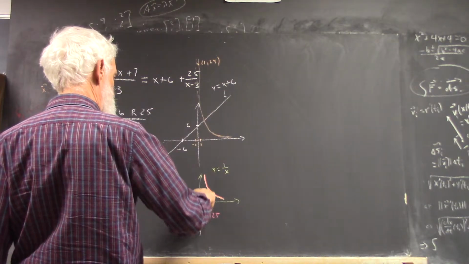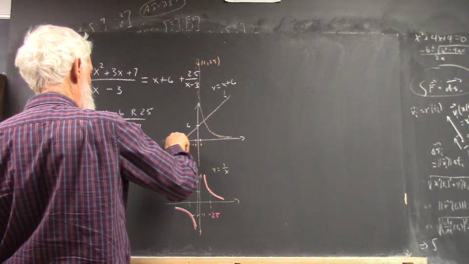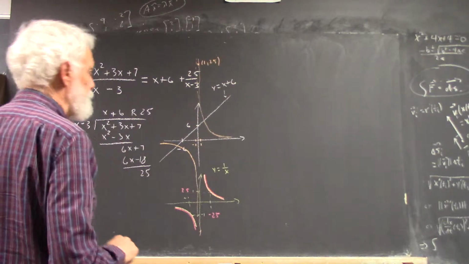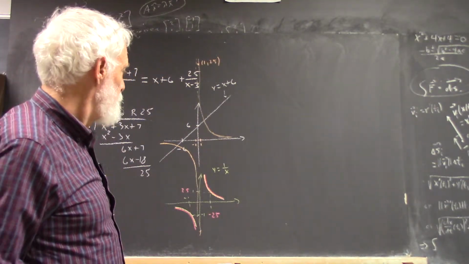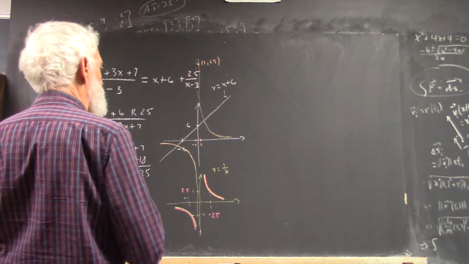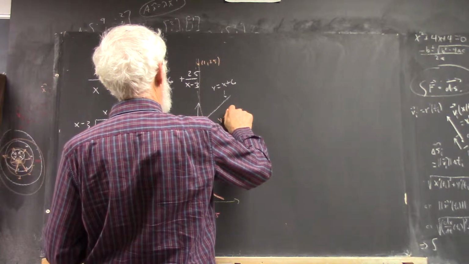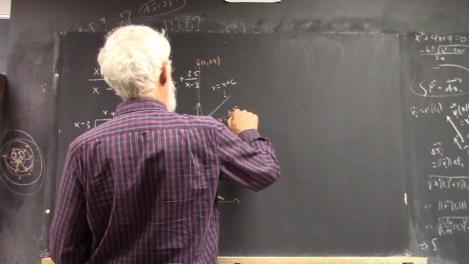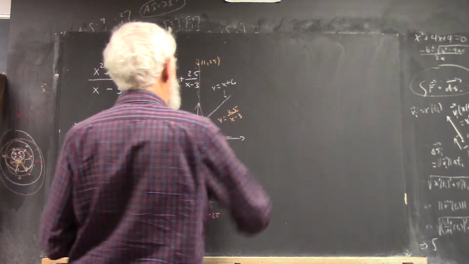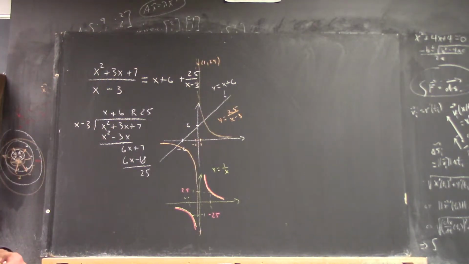So from here, okay? So here might be our graph of 25 over x minus 3.